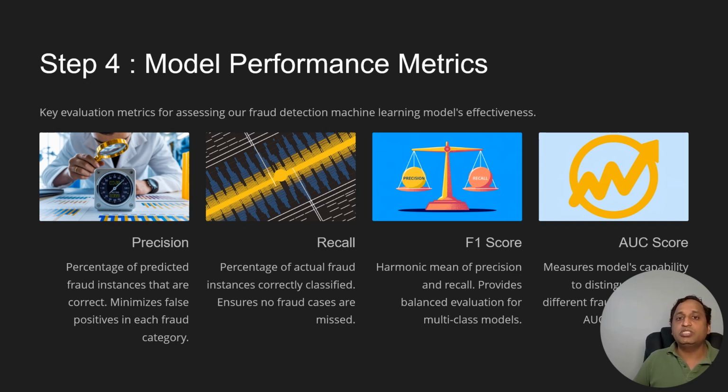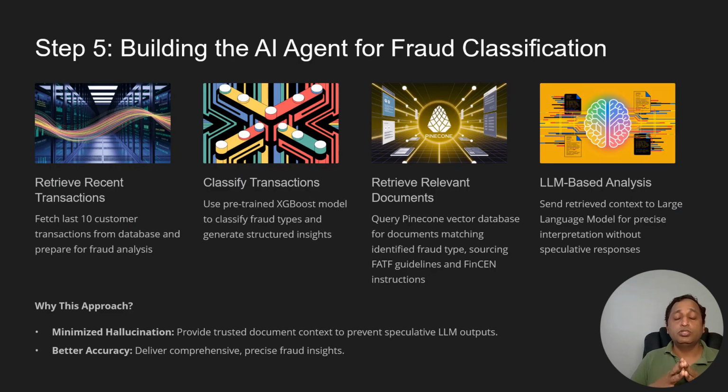So our objective here is to achieve high precision and recall for each fraud type while maintaining a good balance across all classes. This ensures that the model effectively supports fraud analysts by classifying transactions with a high degree of accuracy and confidence. Now we come to the final step, which is building the agents.